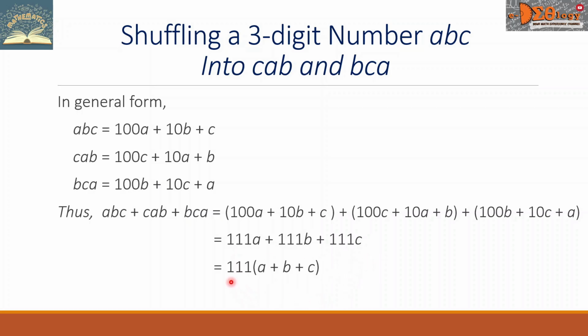So we have 111 times the quantity A plus B plus C. If we show the prime factors for this 111, it becomes 37 times 3 times the quantity A plus B plus C. That means the sum of these three numbers is divisible by 37.